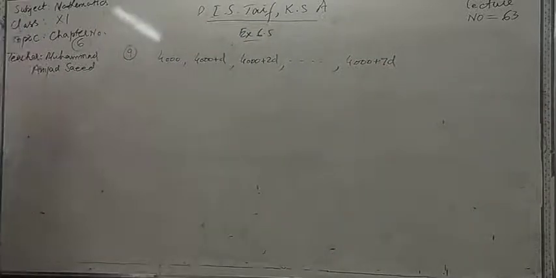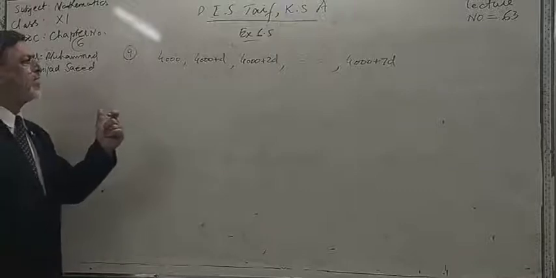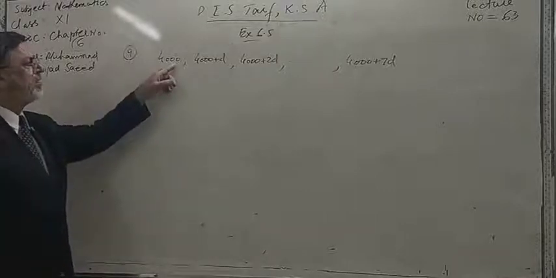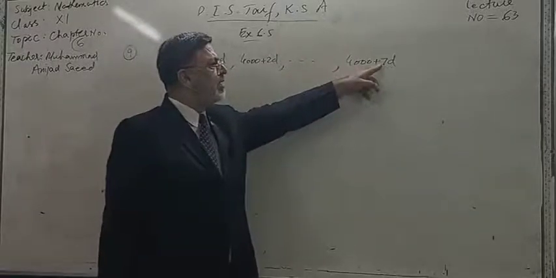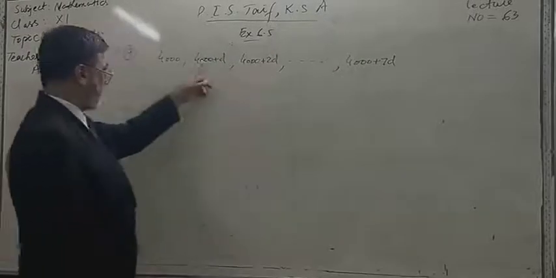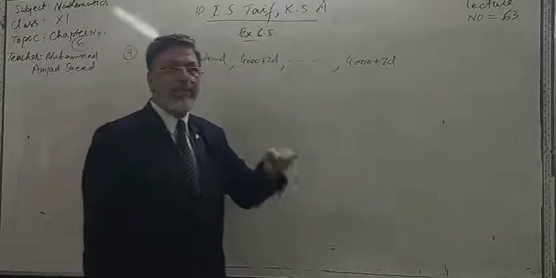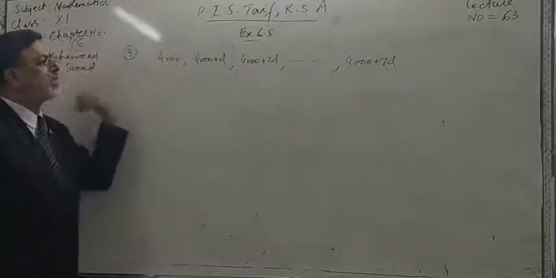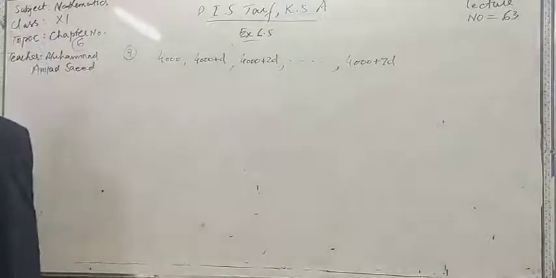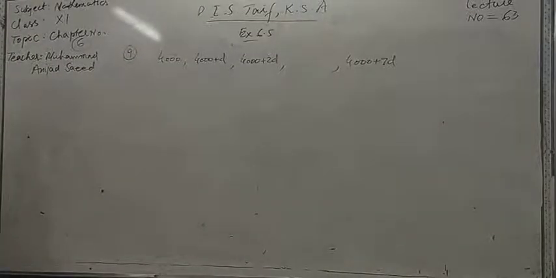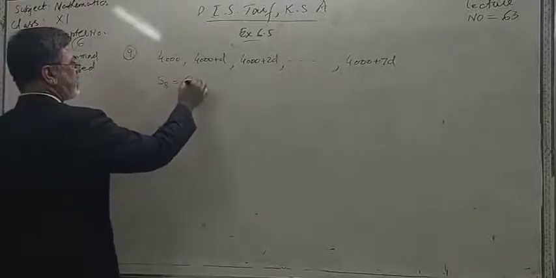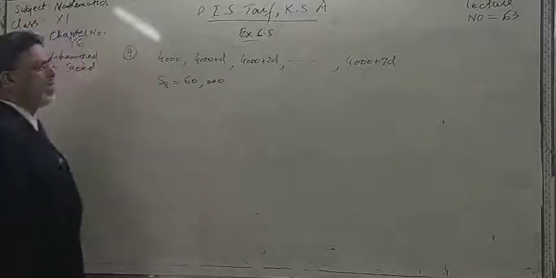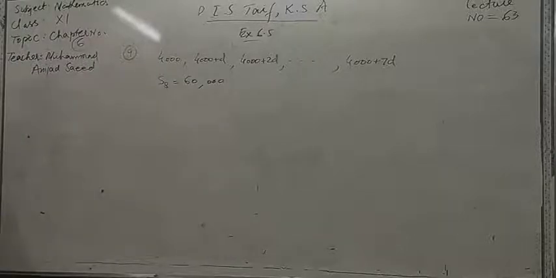Remember that there are 8 teams. This is the first team, and from d to 7d there will be 7 teams. Including this one, the total will be 8 teams. So you can say S8 was 60,000. Remember that S8 is 60,000.